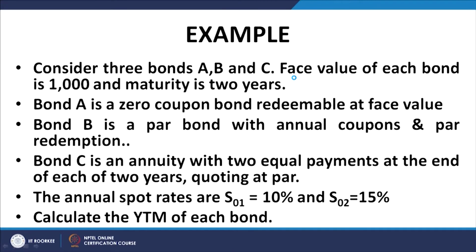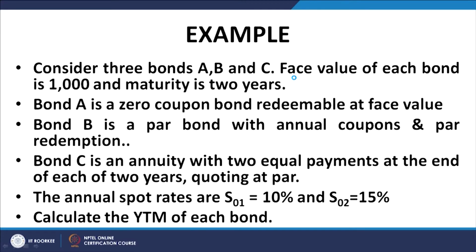Bond B is a par bond, that is, it is quoting at par in the market, with annual coupons and par redemption. Redemption is at face value, its present quote is also at face value, and annual coupons are paid on this bond. Please note the coupon rate is not given here. Bond C is an annuity with two equal payments at the end of the first and the second year.